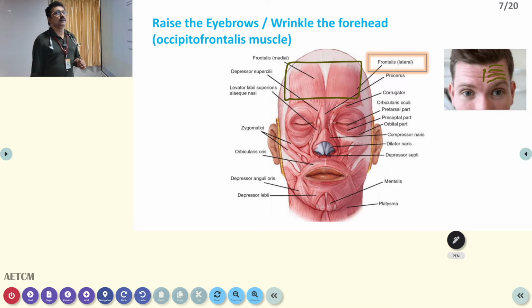That is very important. Facial nerve palsy produced by Bell's palsy is a lower motor neuron type of palsy, and the upper part of the face is also involved. So this is the first examination: you ask the patient to look upwards or wrinkle the forehead. You are testing the occipitofrontalis muscles.